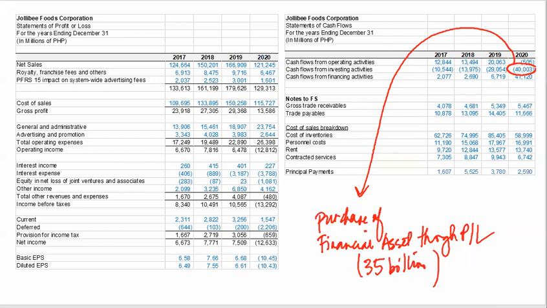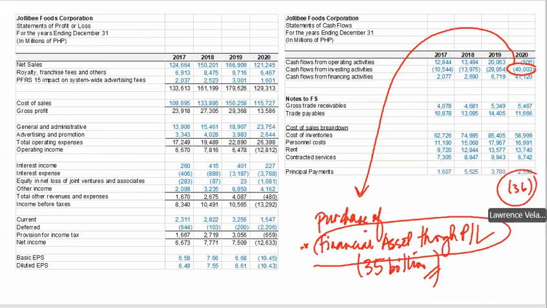So out of the 40, 35 billion investment in financial assets through profit and loss, which is not a long-term asset, right? So actually, 5 billion lang ang ginasta nila for investing activities. Okay? Compare that sa 29 billion, 13 billion, 10 billion from 2017, 18, and 19. Okay? So therefore, makikita natin that there was really a halt in expansion activities as far as Jollibee is concerned.